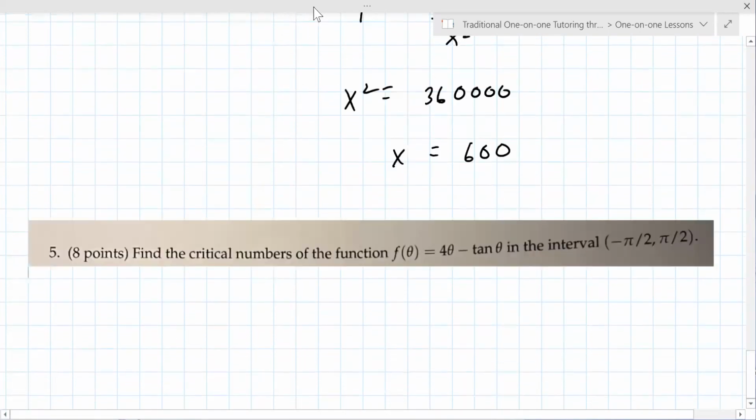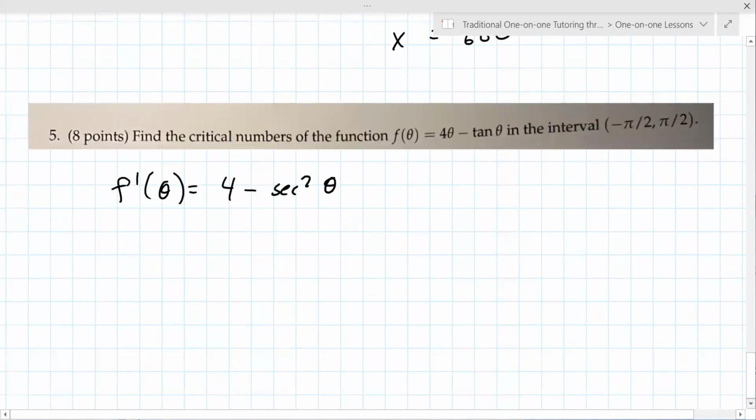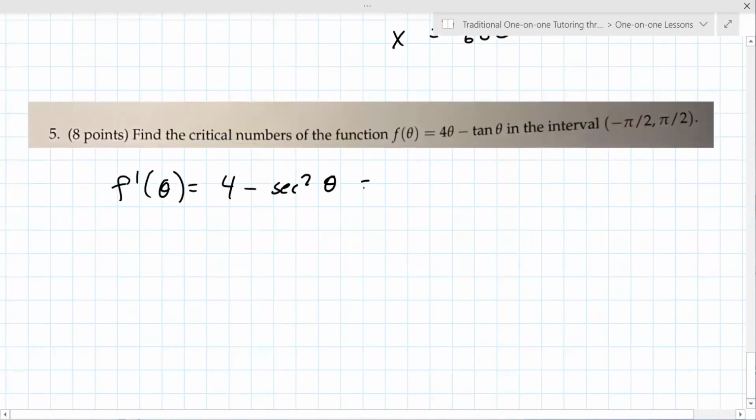So find the critical numbers of this on this interval. You gotta take the derivative. You gotta be able to find f prime of theta: 4 minus secant squared theta. And then you got to set it equal to 0. So you set 4 equal to secant squared theta.